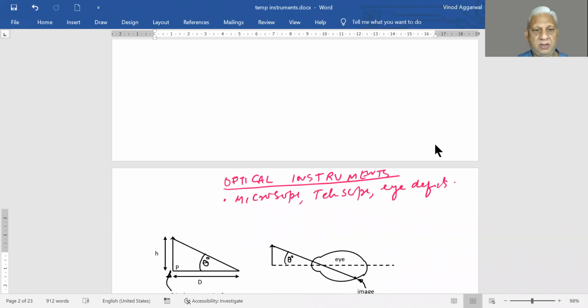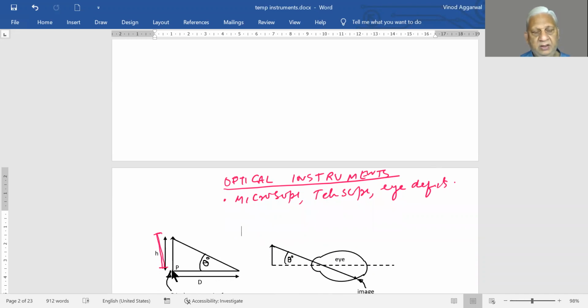Now let's see how our eye sees objects. If we take an object of this much height, which is placed at a distance d.